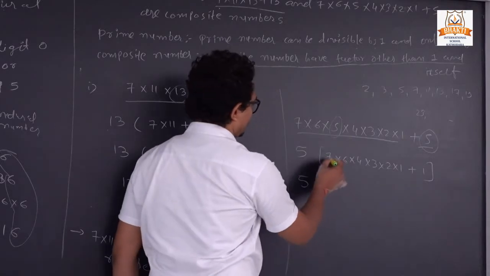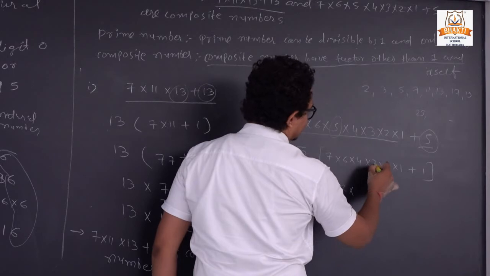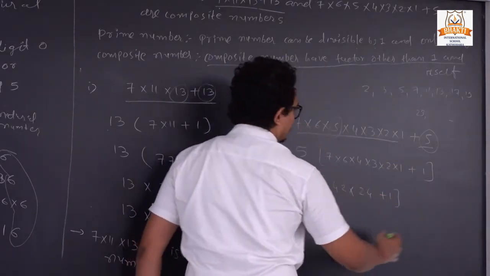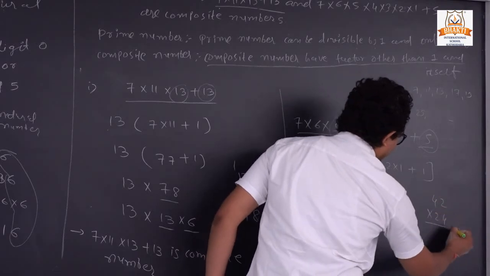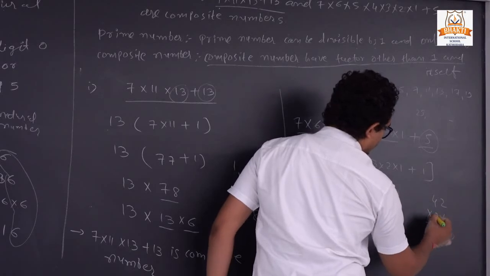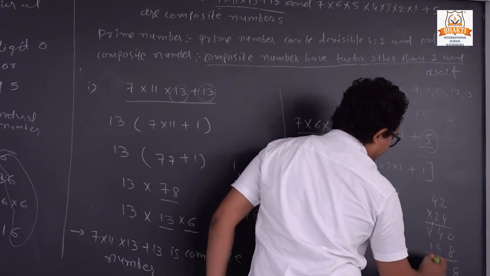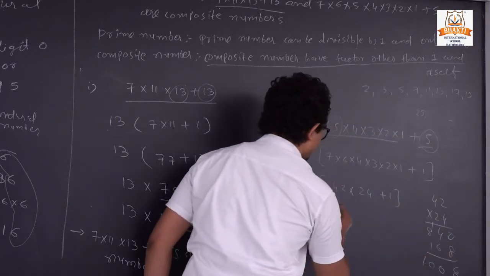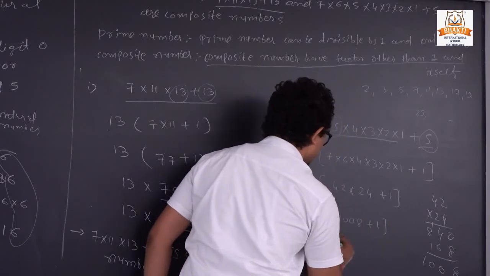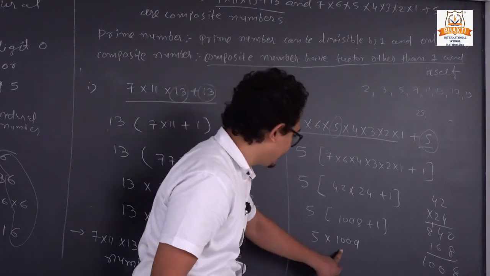So first of all we can perform the multiplication. 7 sixes are 42, 4 threes are 12, 12 twos are 24, and 24 ones are 24. So first of all 42 into 24, so here we have a 0. Next 2 twos are 4, 4 twos are 8, 4 fours are 16. So 1008 plus 1, so it will be 1009. So here they have one more factor rather than 5, like 1009.